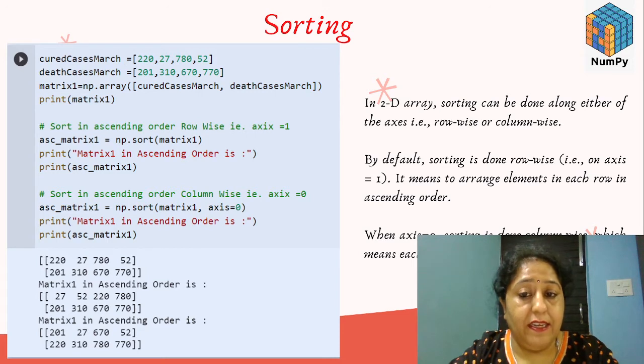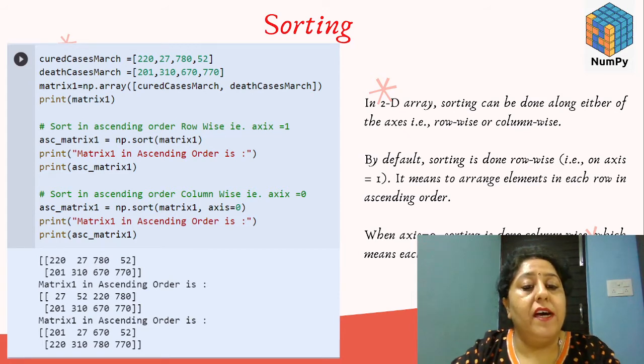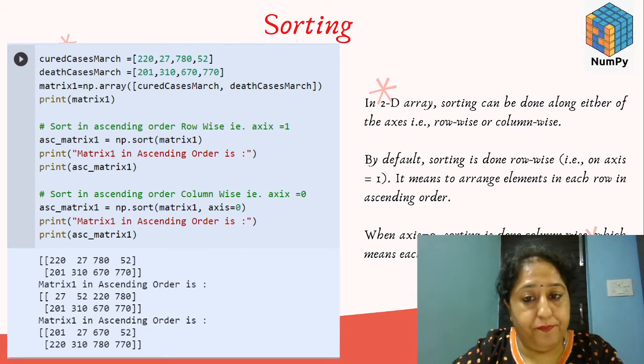That means it will arrange the elements in each row in ascending order. So the first row here is 220, 27, 780 and 52, which will be arranged as 27, 52, 220 and 780. Likewise, all the rows will be arranged in ascending order.